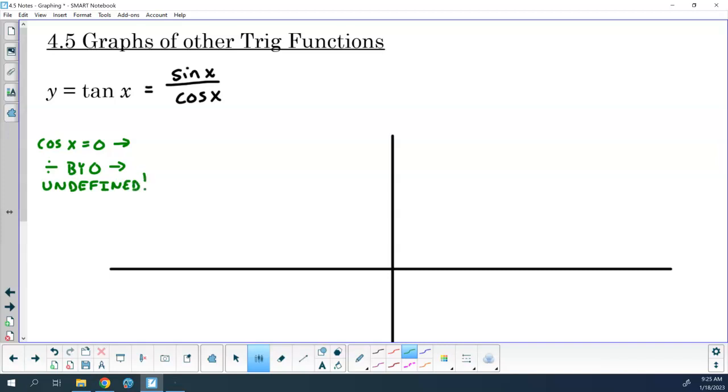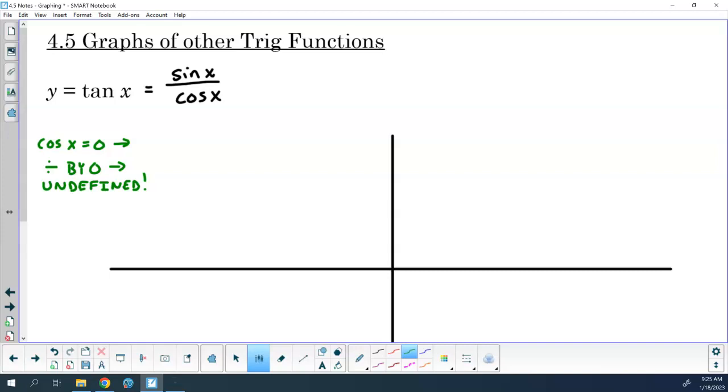So where is cosine equal to 0 on the unit circle? Cosine is at 0 in pi? Do we agree with that? Not a lot of people agree with it. Because on the unit circle, what is cosine?